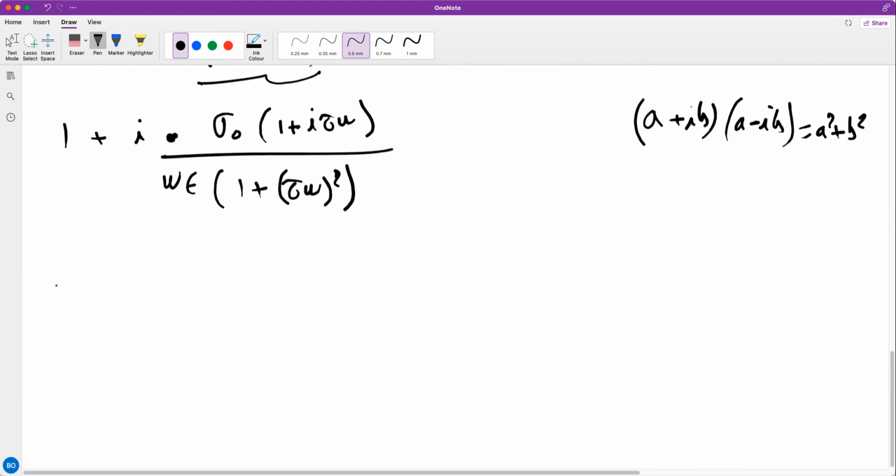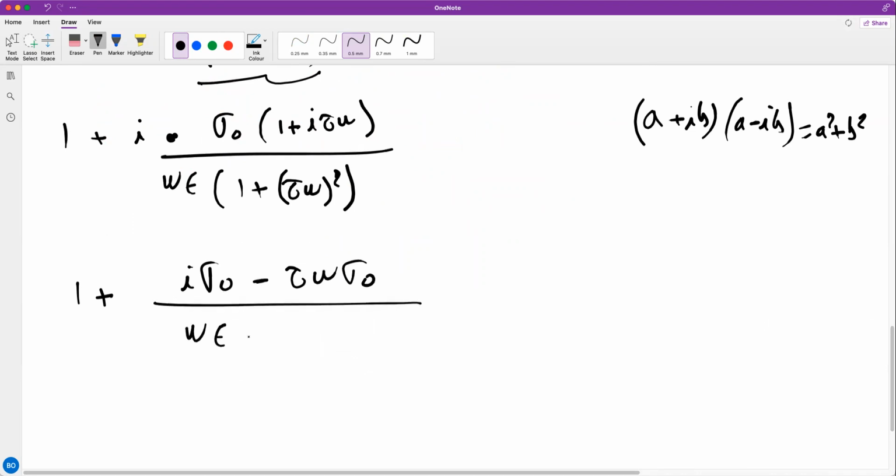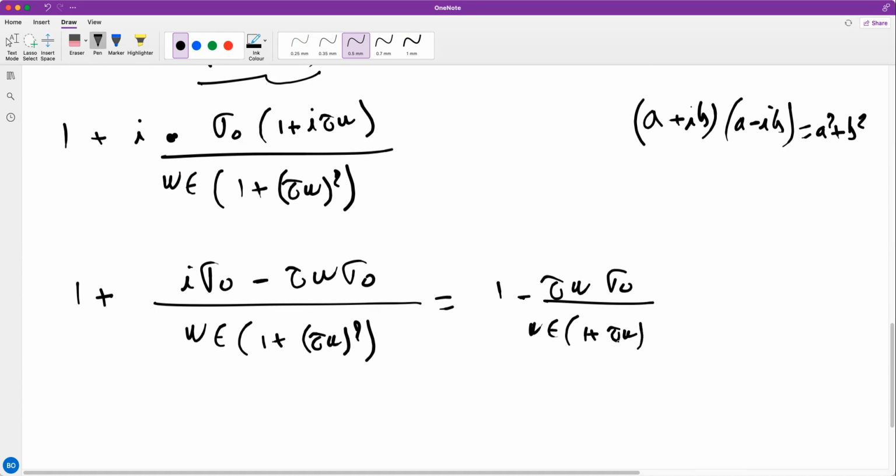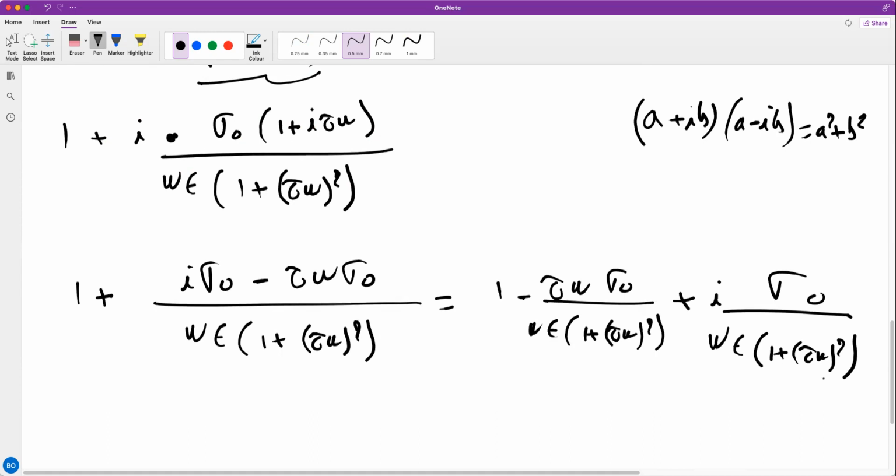And then I distribute. This will give me (1 plus i sigma 0 minus tau omega sigma 0) divided by omega epsilon (1 plus tau omega squared), which is equal to 1 minus tau omega sigma 0 over omega epsilon (1 plus tau omega squared) plus i sigma 0. All I did was distribute 1 plus tau omega squared.